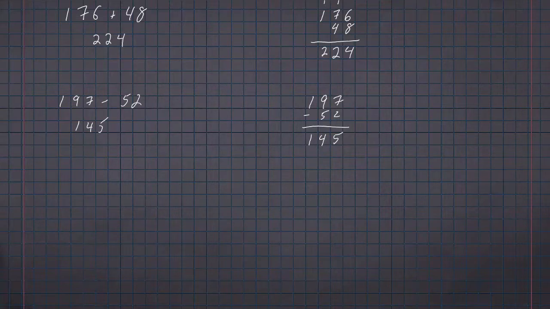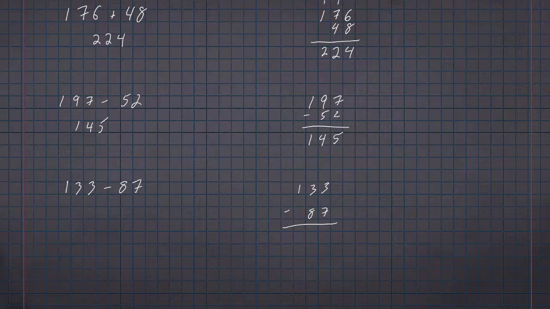Taking a look at one a little bit trickier. If I want 133 minus 87, here I immediately run into problems because column-wise, 3 minus 7 is not defined.